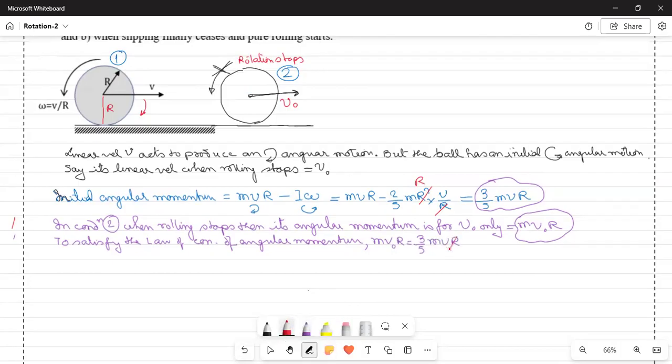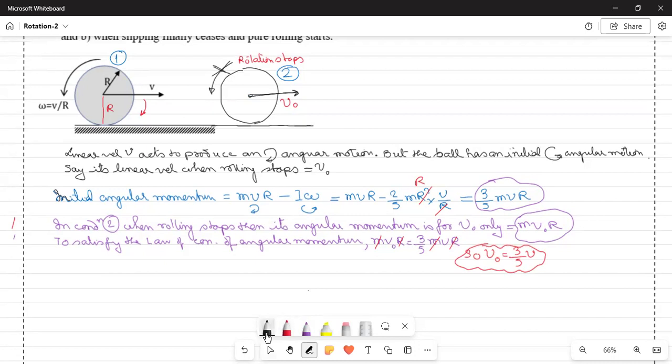Here r and r get cancelled, m and m get cancelled. What we are left with is v0 equal to 3 by 5 v. This is what they wanted us to find out: the linear velocity when the rotation stops.